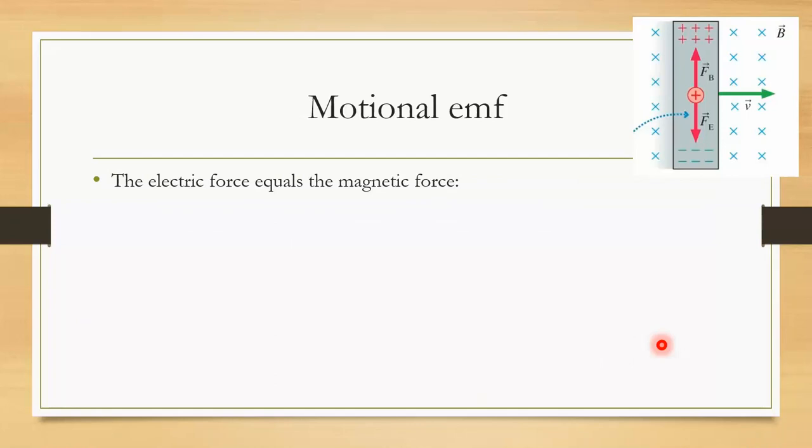So the electric force is going to be equal in magnitude to the magnetic force. So our electric force, if you go back to your equations for electricity, it's equal to charge times the electric field. And that's equal to our magnetic force, which we defined as Q times V times B, because we're at 90 degrees, so we can ignore the theta.